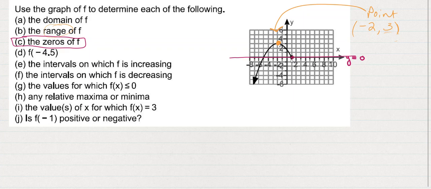And it looks like we cross at x equals 1, and it looks like we cross again over here at x equals -5. So our zeros, we could write them as an ordered pair and say (-5, 0) and (1, 0), or we could just say that the zeros are x equals 1 and x equals -5.